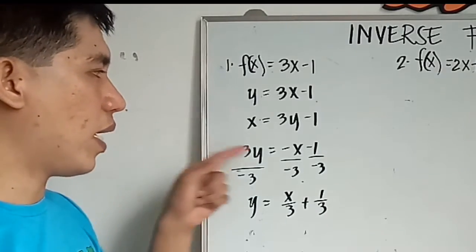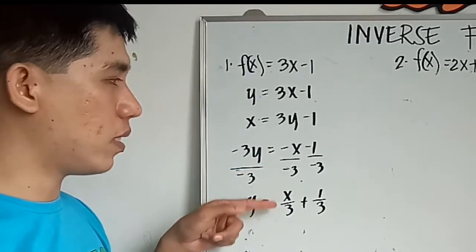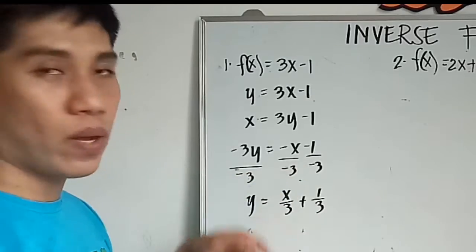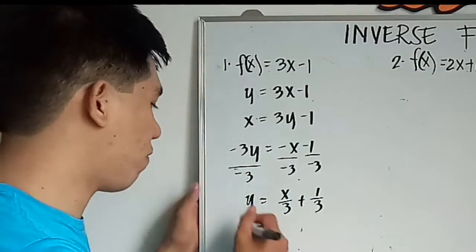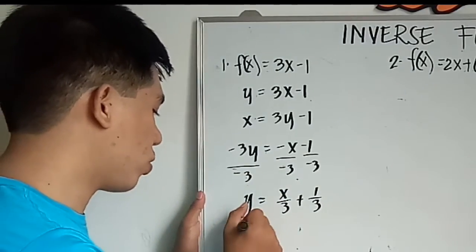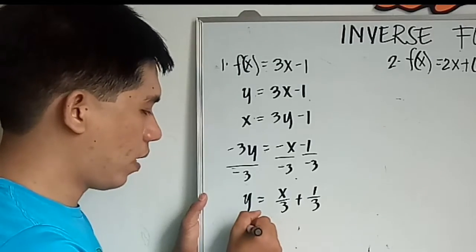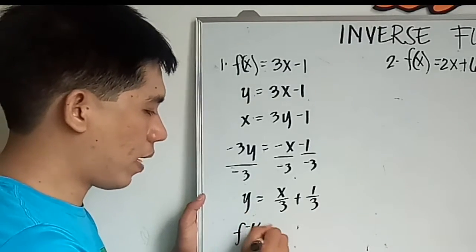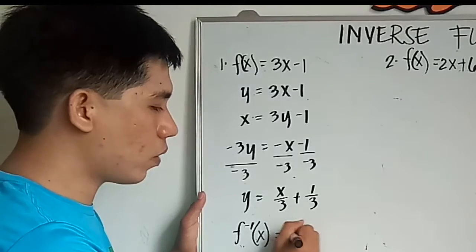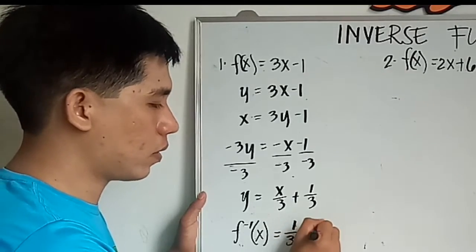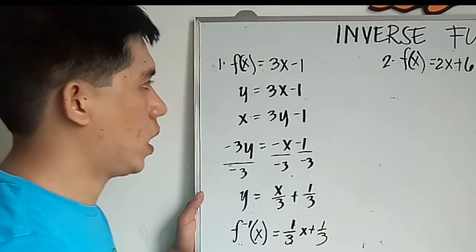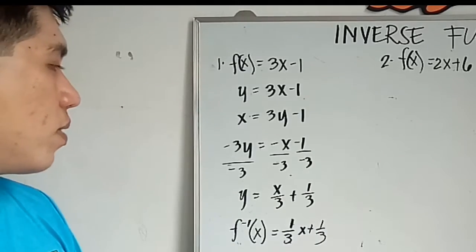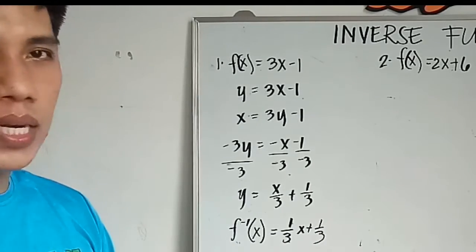Negative divided by negative would be positive. So now we change this back to f inverse of x, which is equal to 1/3 x plus 1/3. Okay? So that would be the answer for number 1.